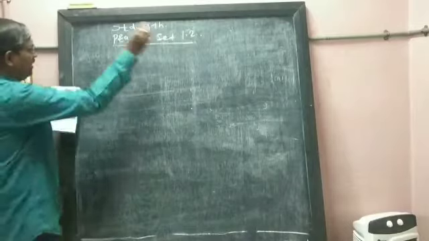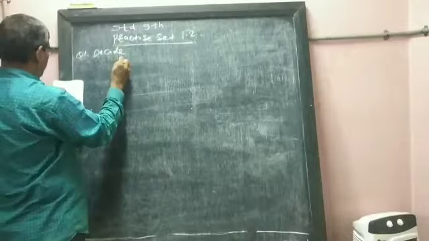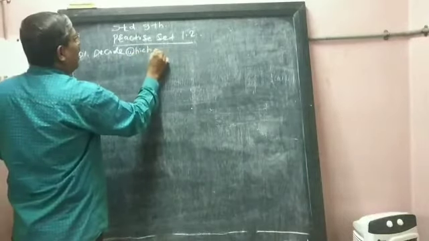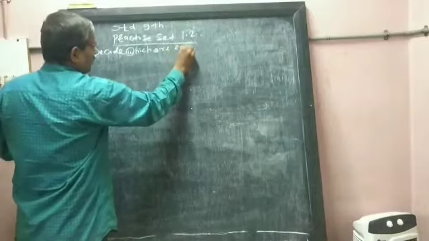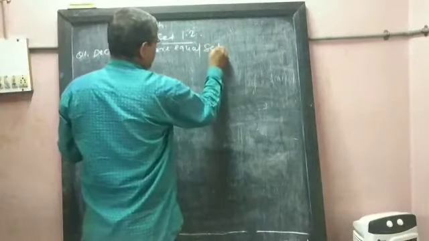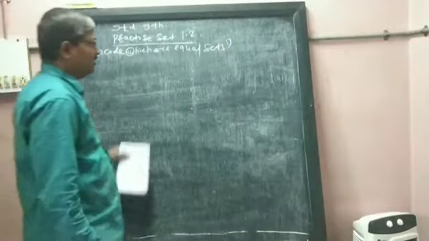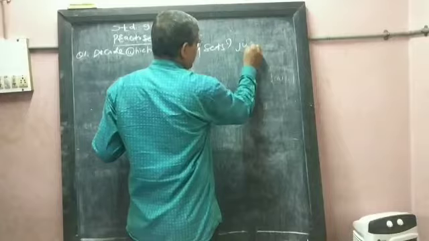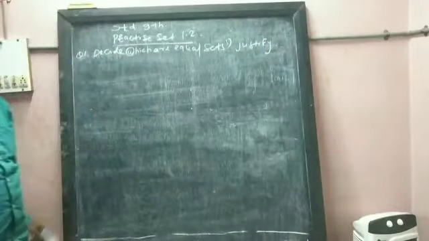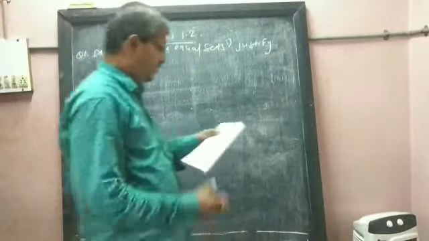Question number 1: decide which of the following are equal sets, and in short I am writing the question as justify. Whole question is not written to save time. So what is the first question?